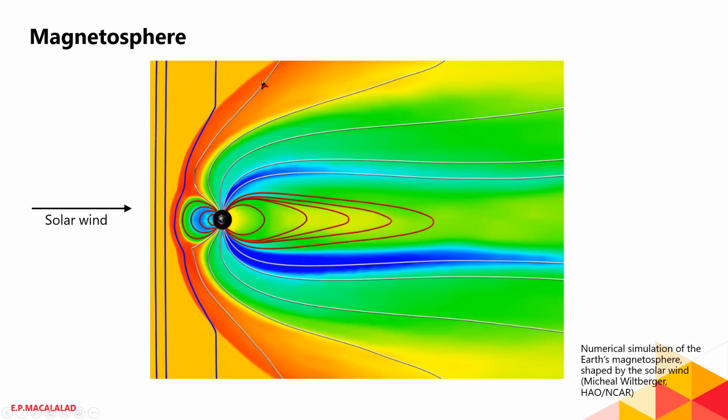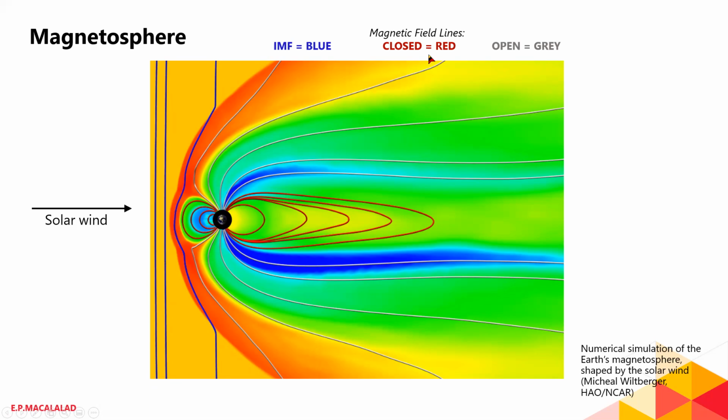Now, before going through the parts of the magnetosphere, I would just like to emphasize the following magnetic field lines. If you can see the blue magnetic field line, that is the magnetic field line of the IMF, the interplanetary magnetic field. This is the magnetic field carried by the solar wind.